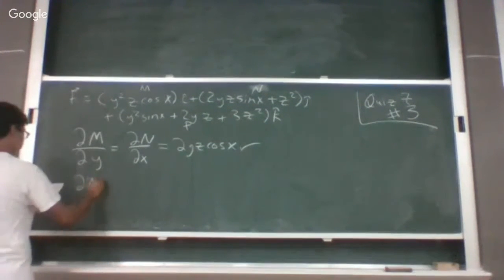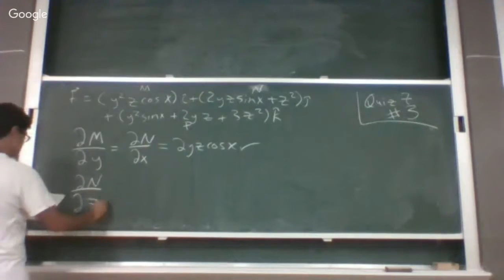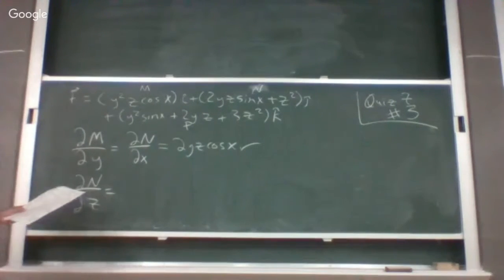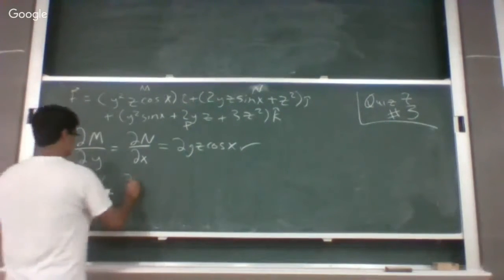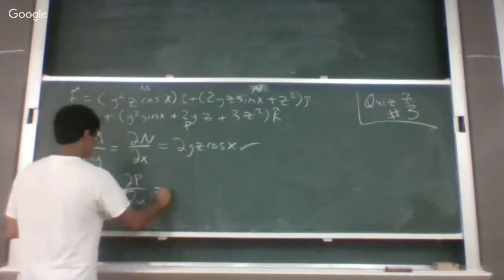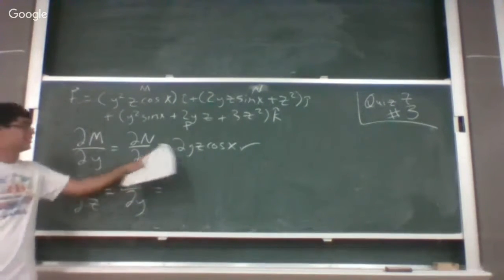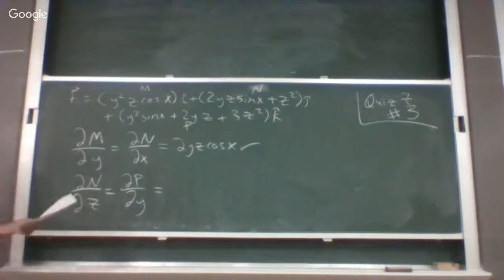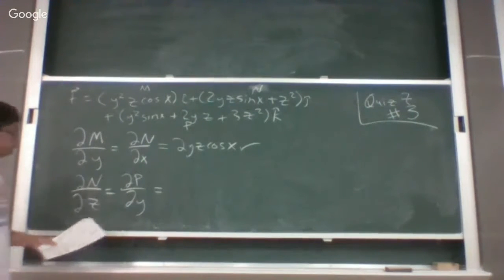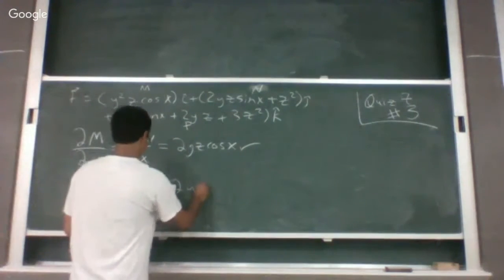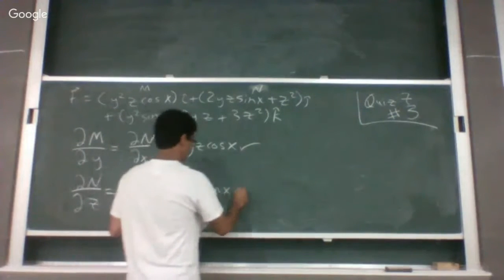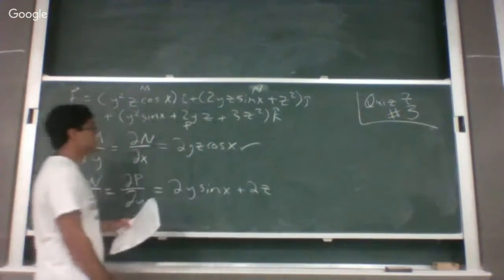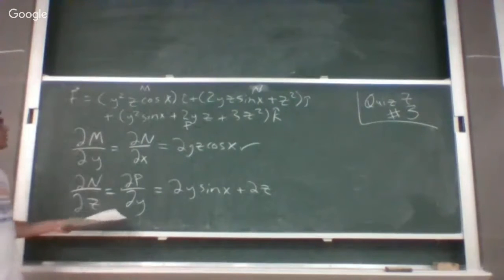Next is the partial of N with respect to z. What does that have to be equal to? The partial of P with respect to y. You can write that in the middle and then set it equal to the next thing. So what is the partial of N with respect to z? 2y sine of x plus 2z. And the partial of P with respect to y?